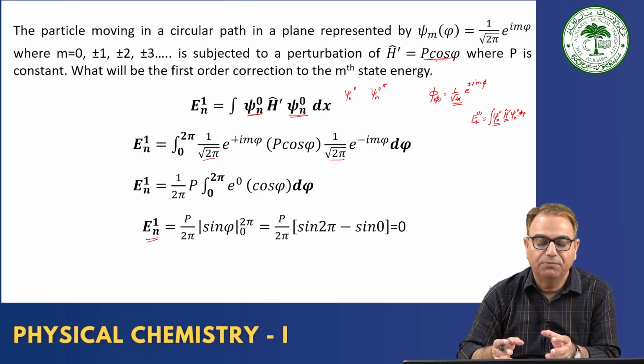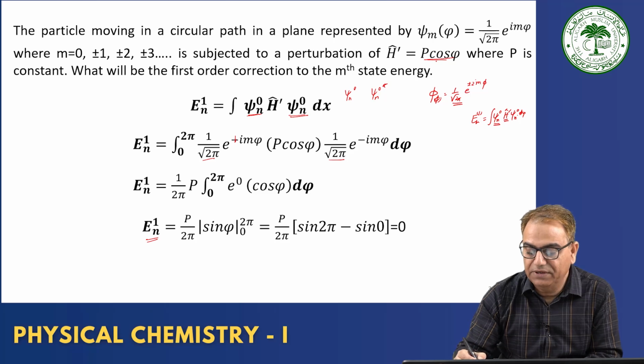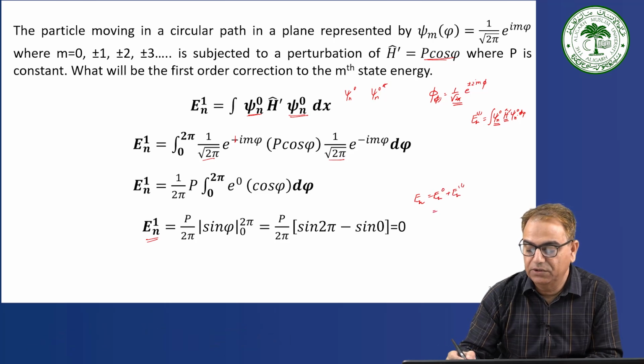In this particular example, you see that if En1 is 0, the total energy En will be En naught plus En1, and it will be the same energy. So En will be En naught plus 0, and it is En naught.